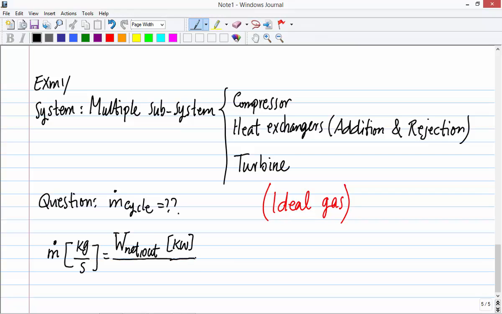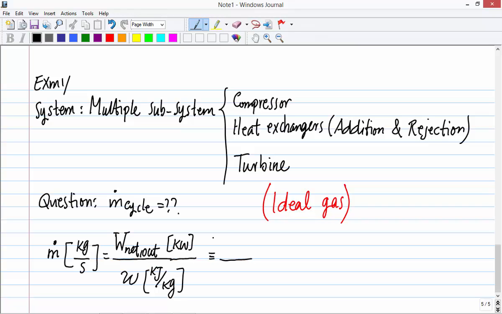If I divide this by the specific work, if you take a look at all those property tables, enthalpy and internal energy, everything is per mass, per kilogram. It is kilojoule per kilogram for all of them. So if I divide these by the little w, which is specific work, kilojoule per kilogram, then what would be the unit?